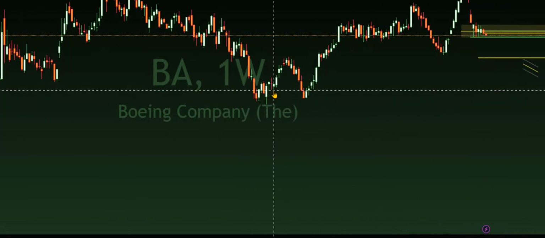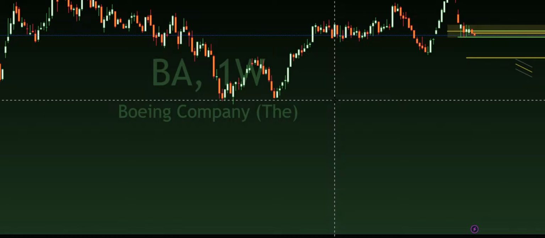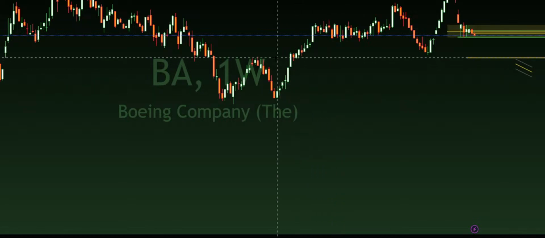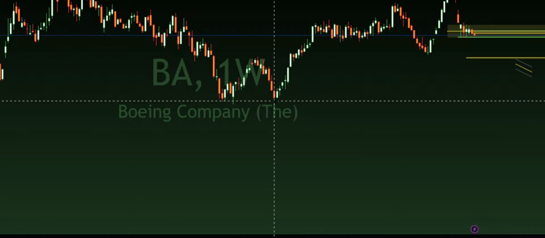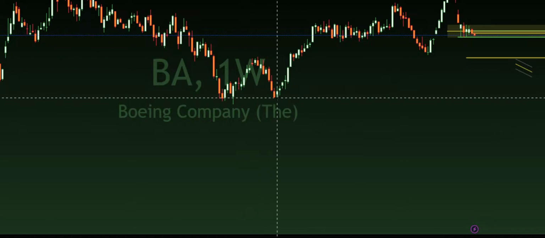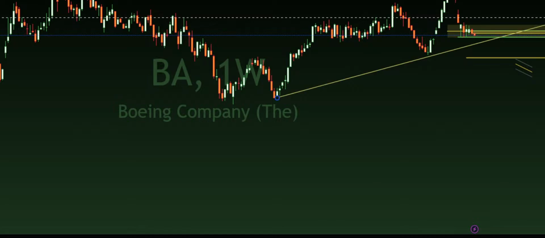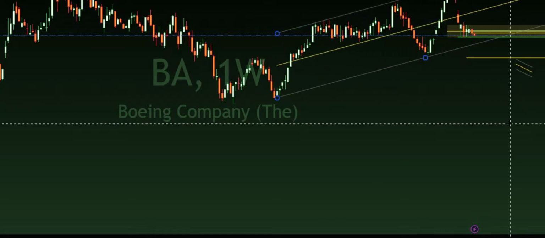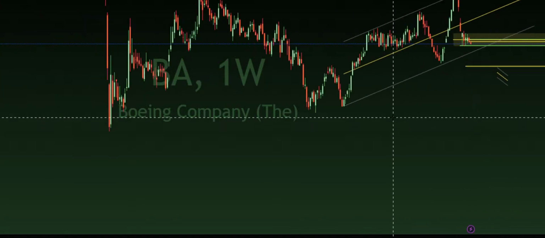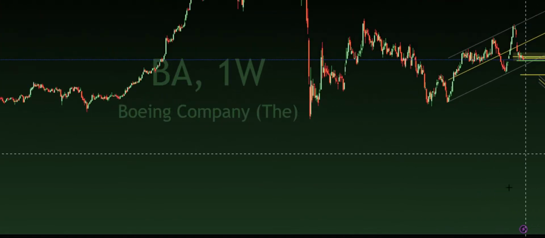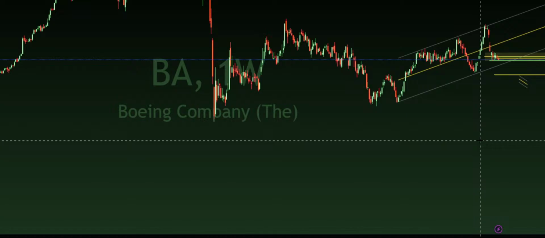BA, wide fluctuations in price, mind you. And then, of course, through our higher highs, we are able to establish trend. All right. Now, you get the mouse, we got points of contact.